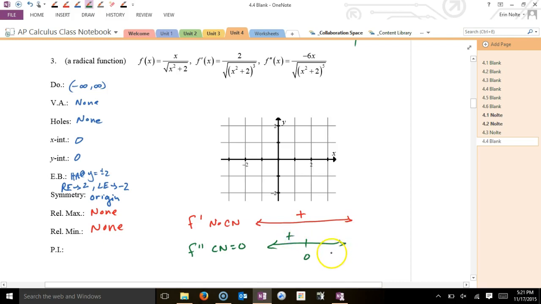And if I plug a positive number in, I get a negative over a positive, so negative. So concavity, we got a happy face and a sad face, but always increasing. So since we go from a happy face to a sad face, I have a point of inflection at 0. There's one point on the graph at 0. To find its corresponding value, I plug it into the original. So 0 over the square root of 2 is 0.